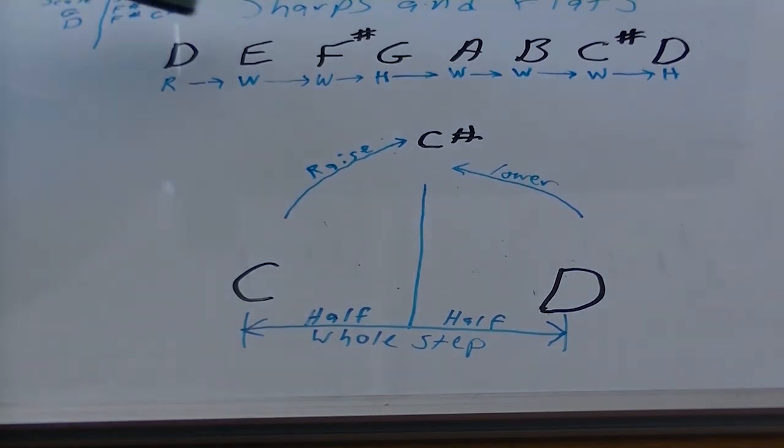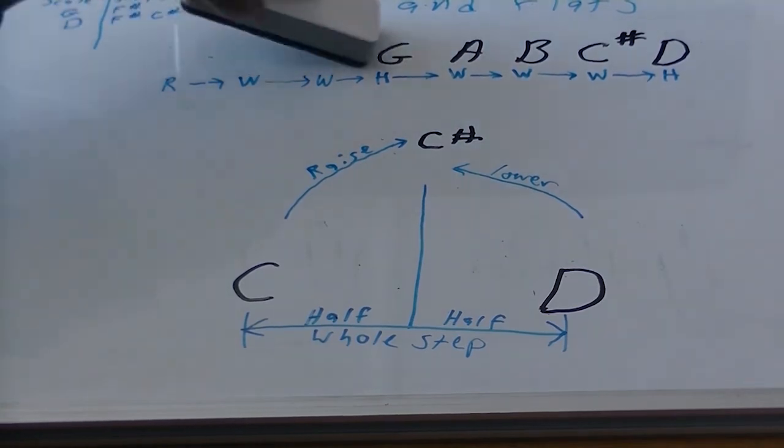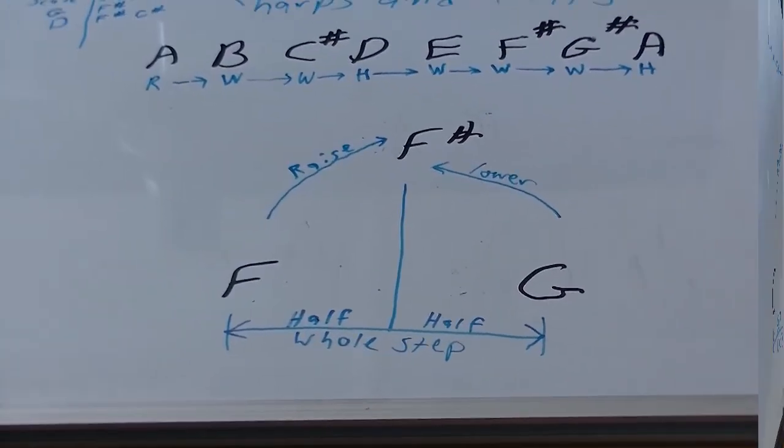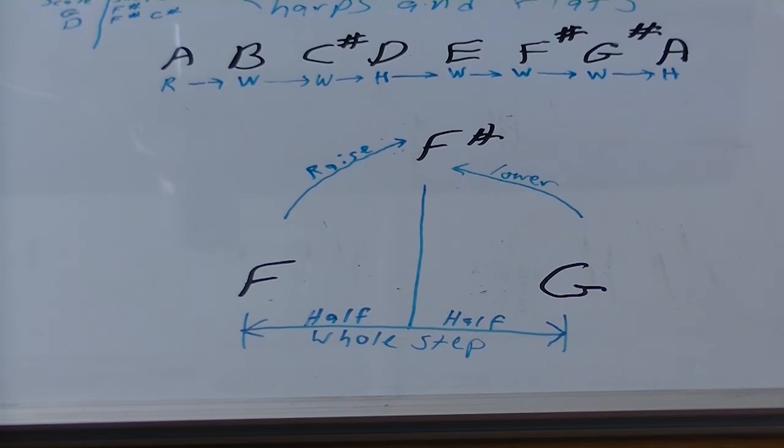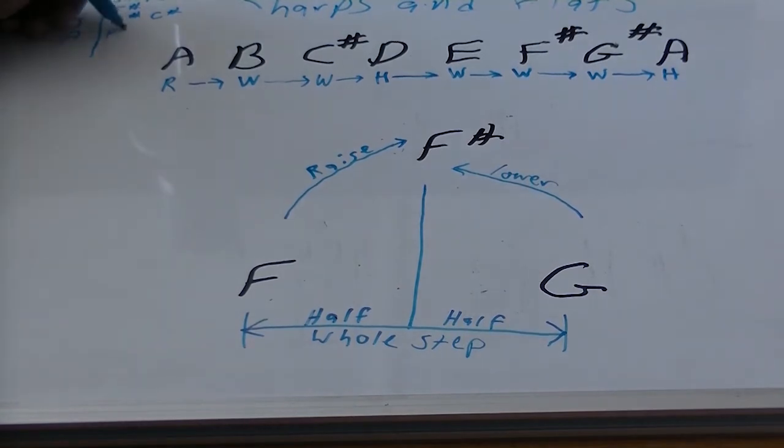So next, I want to look at the A major scale. So that's our A major scale. And the A major scale, as I hinted at, has 3 sharps in it. And we have the F and the C that were contained in the D major scale. And now we have the addition of a 3rd sharp note.